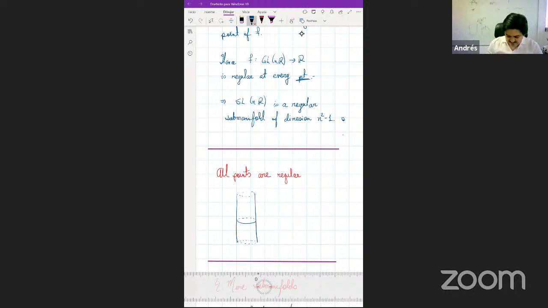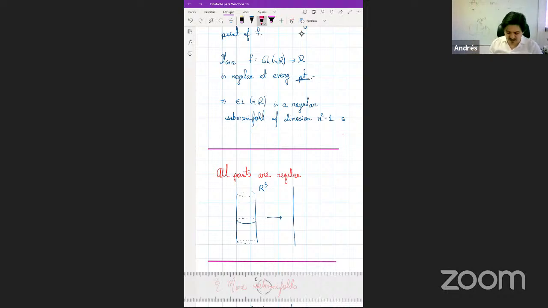The function is the height function. So you can think of this in R3. You have the height function, just a projection onto the central axis. And in that case, you have no critical points.